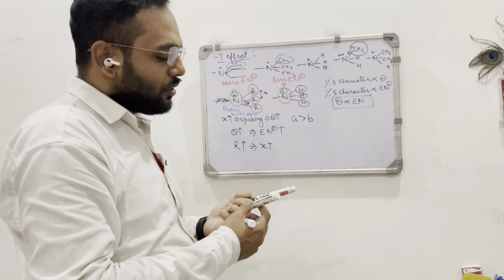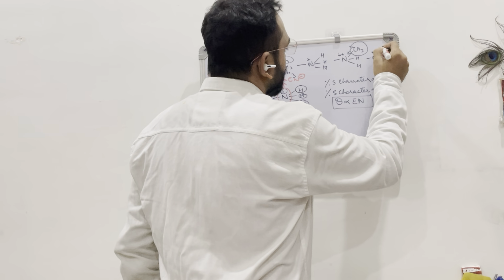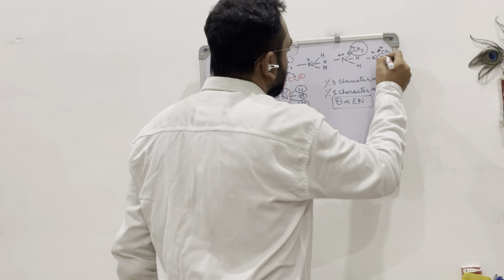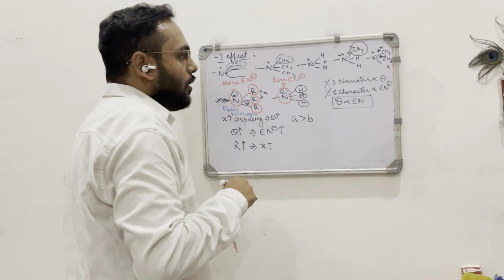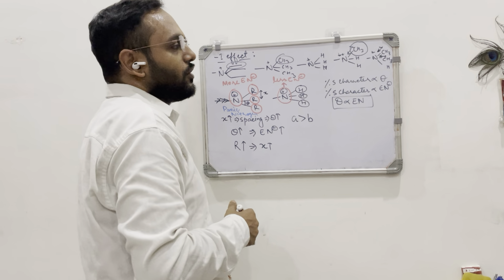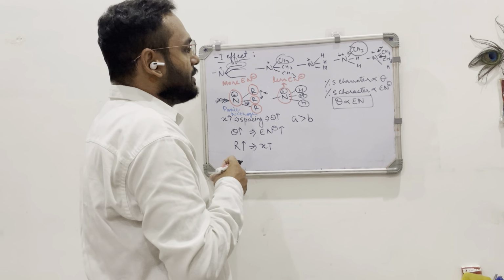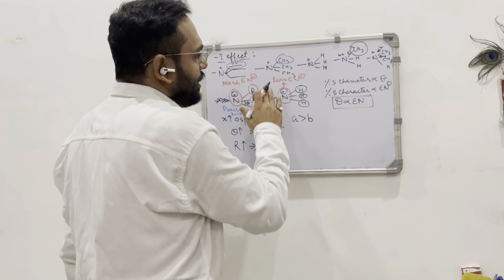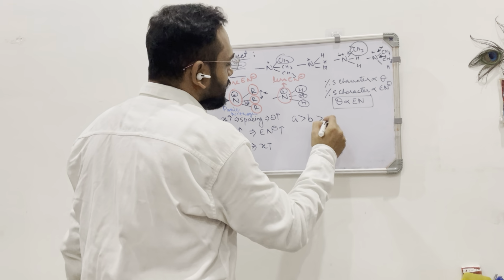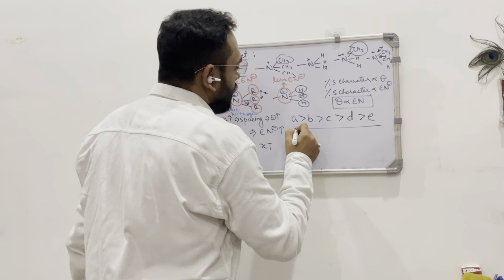So in the third case also there will be no repulsion, and what we will judge from is the electron donating nature, plus I effect or plus H effect, of CH3. Now combining all the factors, I can say that A is greater than B, and then will come C, and then D, and then E.